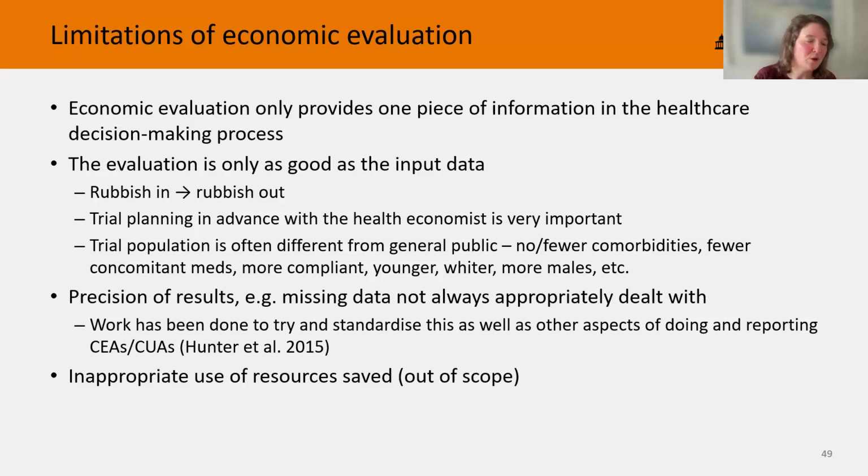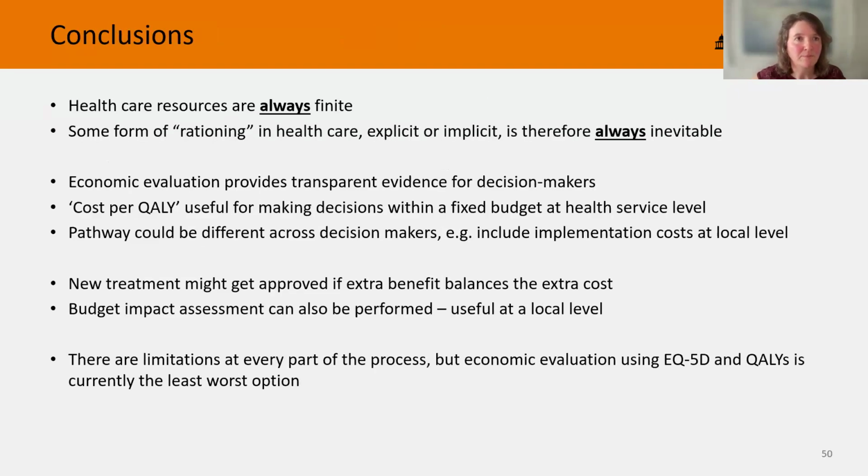We've got the same issues with trial population that I mentioned earlier. Precision of results is tricky, so dealing with missing data is quite difficult, especially because it's a joint analysis. But there's a lot of work going on at the moment to try and standardise this. And if resources are saved, then that's great, but there's nothing in the analysis that we can say about how it should be used.